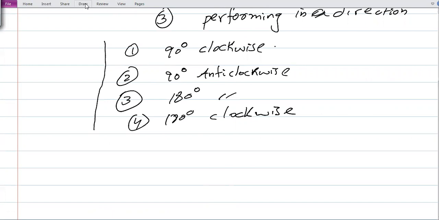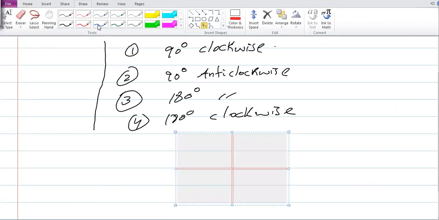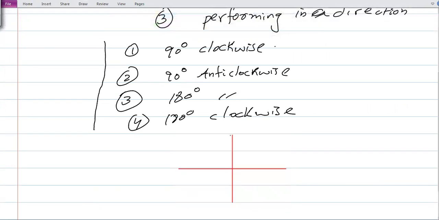Let's make two axes. Let's say this is our y-axis and this is our x-axis. On this side x is positive, on this side x is negative. Y positive, y negative. Now let's say if we rotate 90-degree clockwise, what will happen? This will go here.